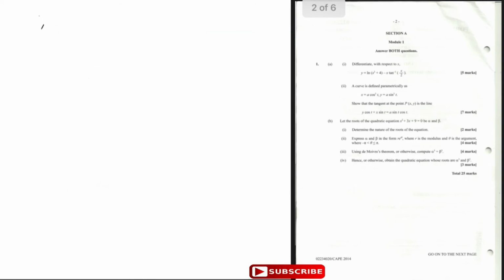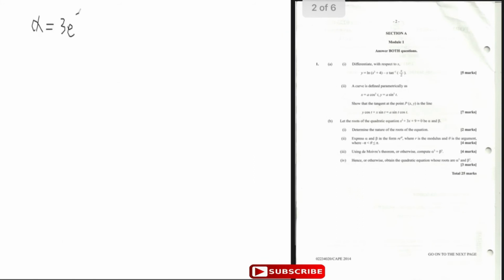I can say that alpha is equal to R, which is 3, e to the i times theta. Theta for this one is 2 pi by 3. So it's 2 pi by 3 i. That's alpha.